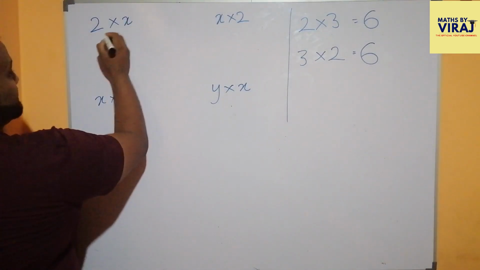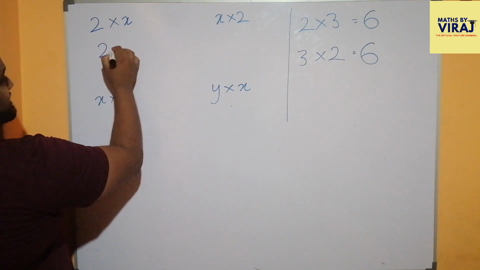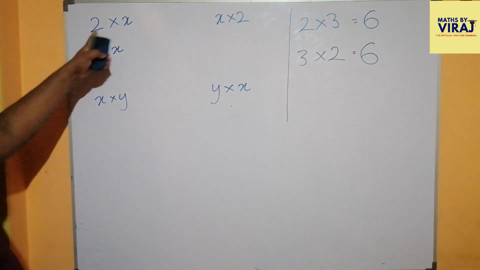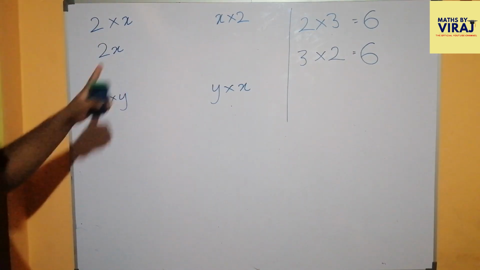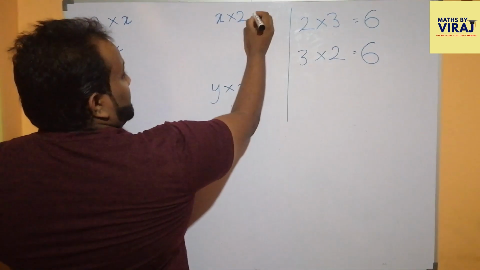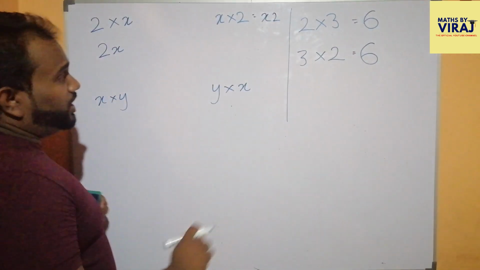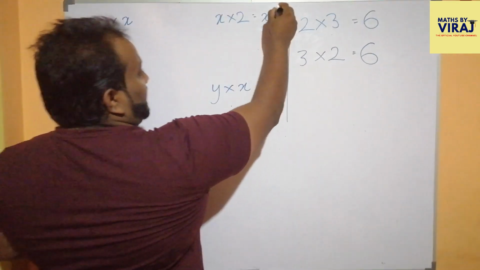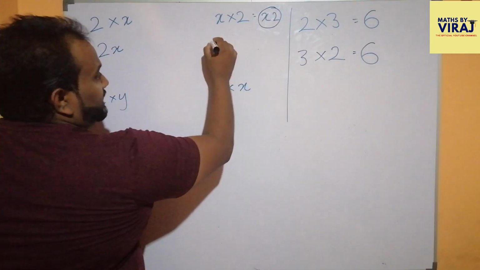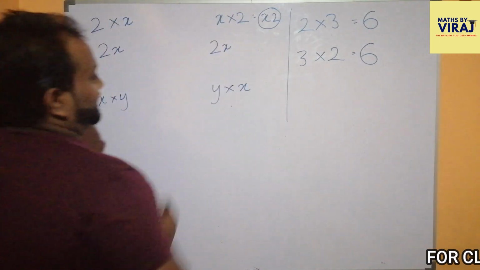Similarly, if 2 was to be multiplied by x, the answer is 2x. X multiplied by 2, yes, some of you might say that x2 is correct. Not wrong. But we usually write this in the form where the number is written in front, then we write the letter.